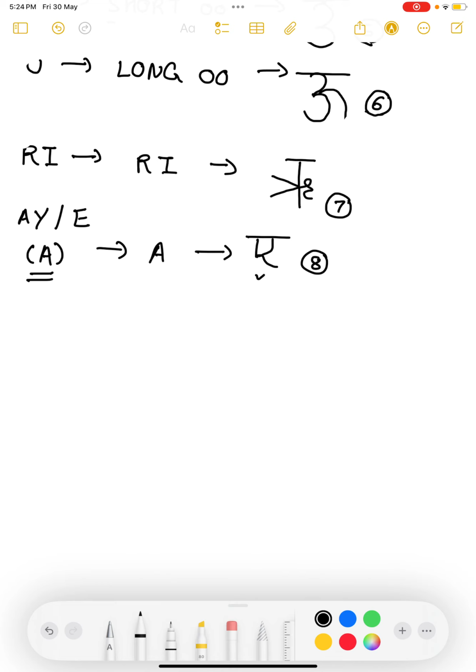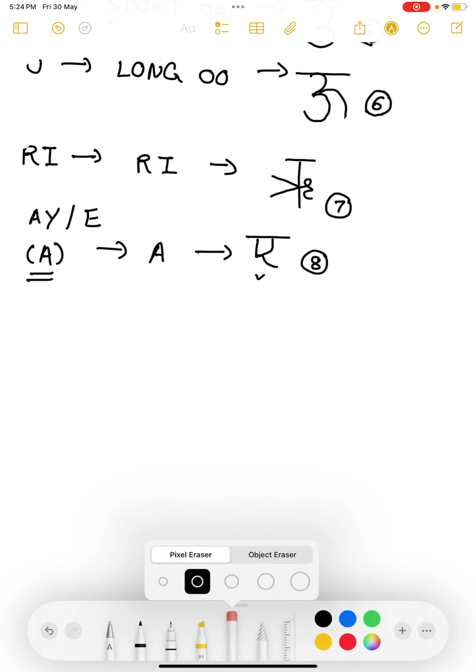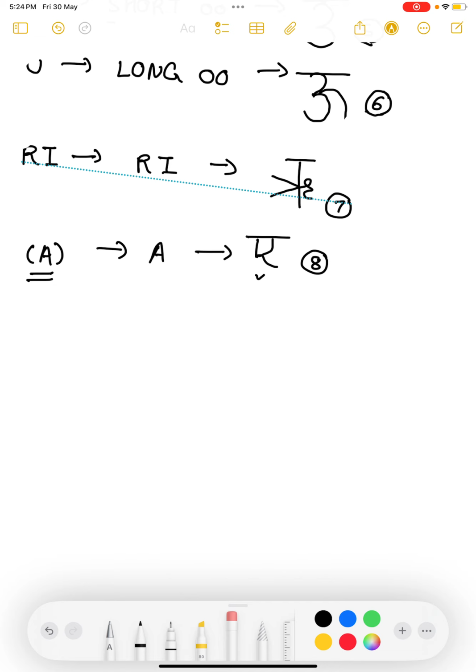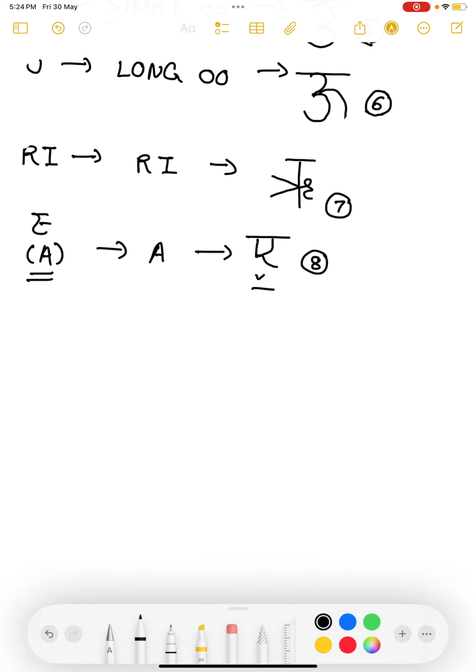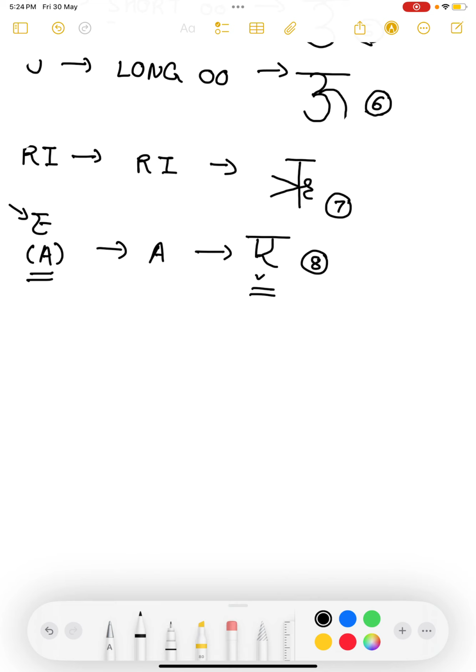And usually, to note down this particular sound using English letters, few people note it down as AY to remember A, but mostly I see that people note down this sound with letter E. Okay, they note down this vowel sound, this A sound with the letter E in English.